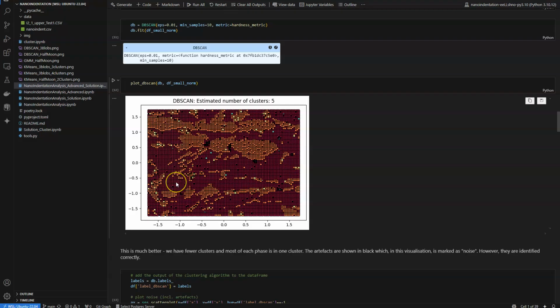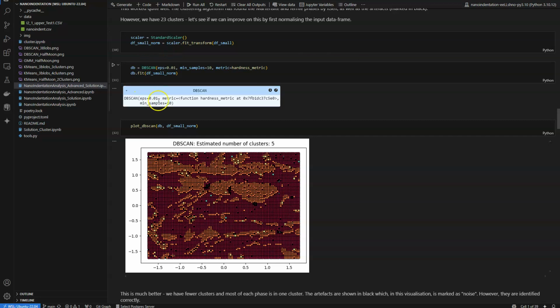We have many fewer clusters, and each of the phases is essentially in one cluster that you can see indicated by the color. And you can see that it's not perfect everywhere, but essentially we've achieved our goal by normalizing and scaling the input values, that these regions belong to the martensite phase, these regions belong to the ferrite phase, and we have regions that are distinctly different.